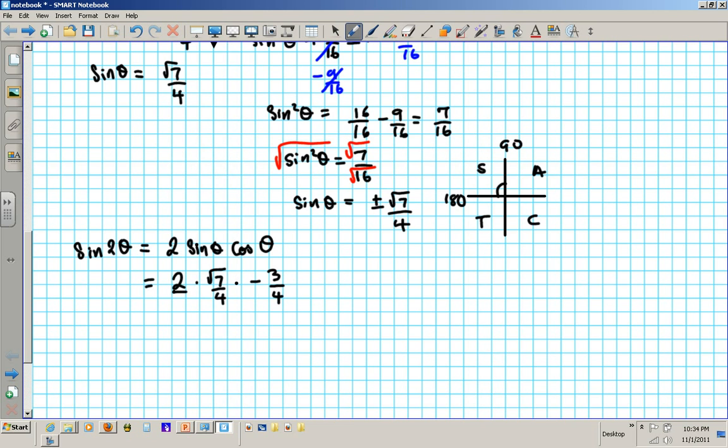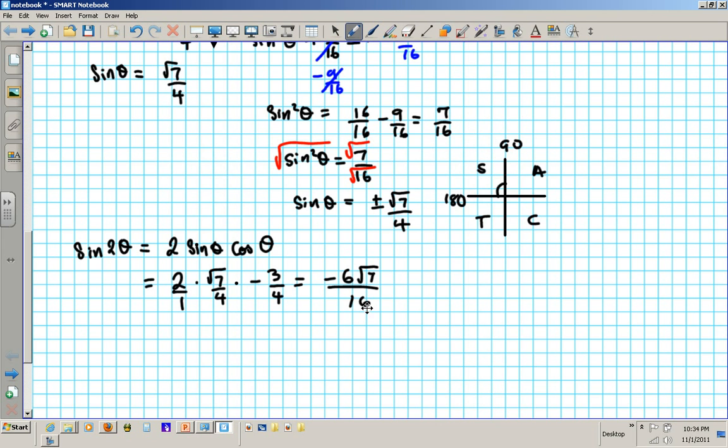So let's express this as a fraction. We just multiply across. We're going to have 2 times 3 is -6. Do the numbers and then write the radical on its own. And then 4 and 4 gives you 16.